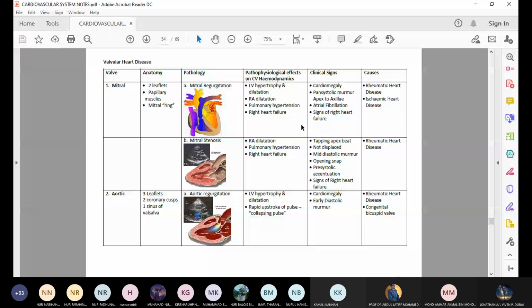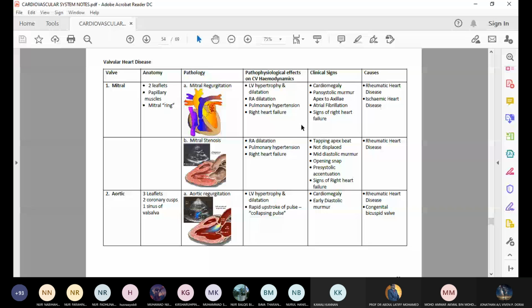So now, because blood goes into the ventricle in small amounts, the difference between stenosis and regurgitation is that in mitral stenosis, the left ventricle is not damaged. Okay. You must remember this. Okay. The left ventricle is not damaged.